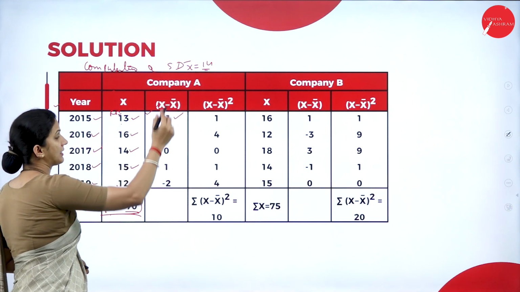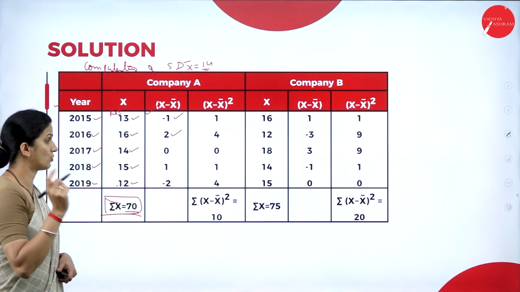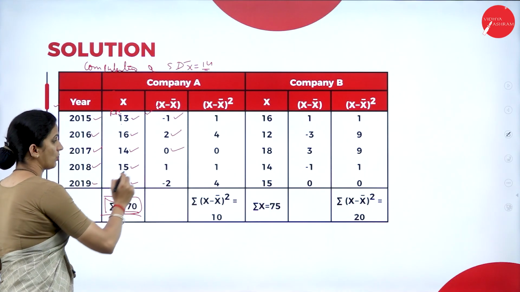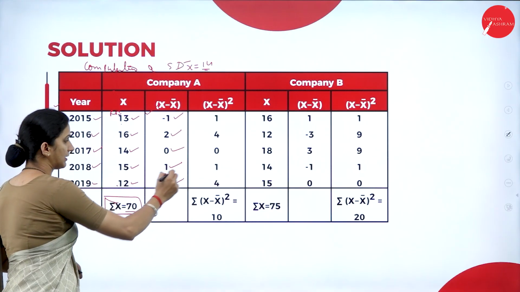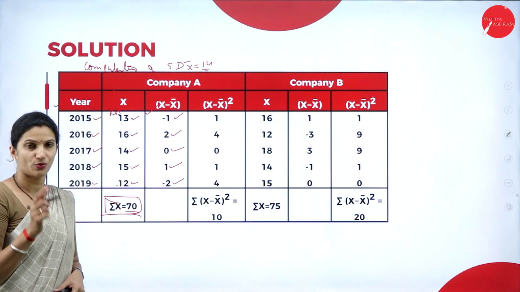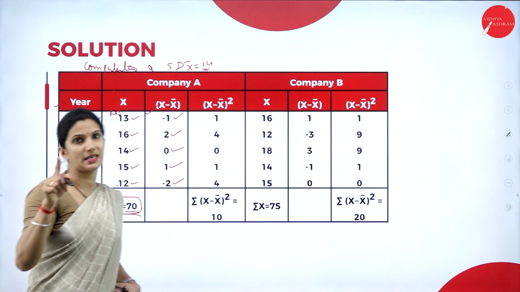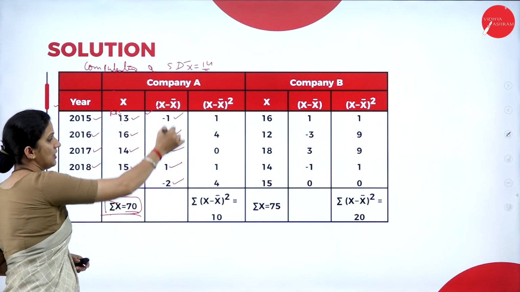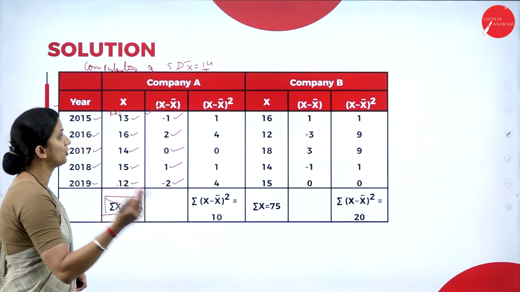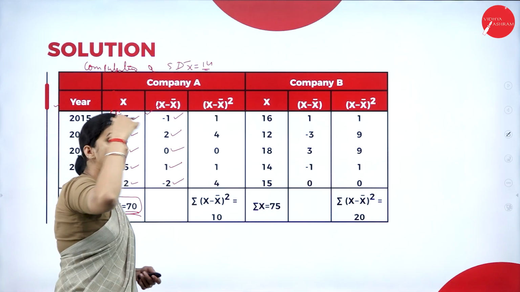Then 16 minus 14 is 2. Then 14 minus 14, 0. 15 minus 14, 1. Then 12 minus 14 is minus 2. So we have done what is X minus X bar.